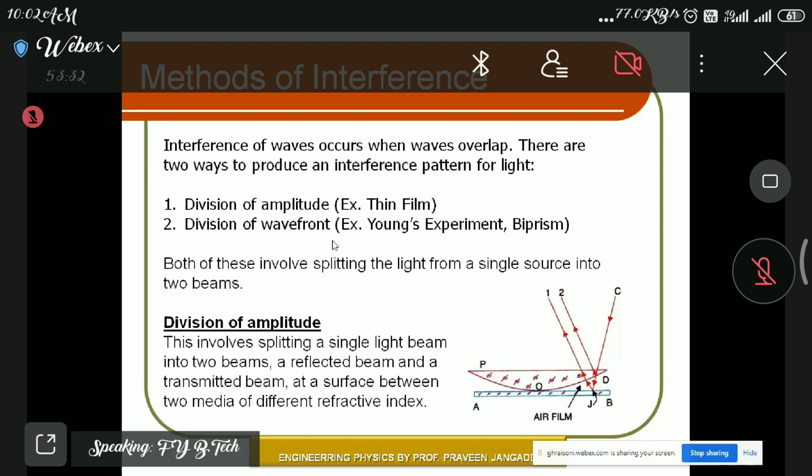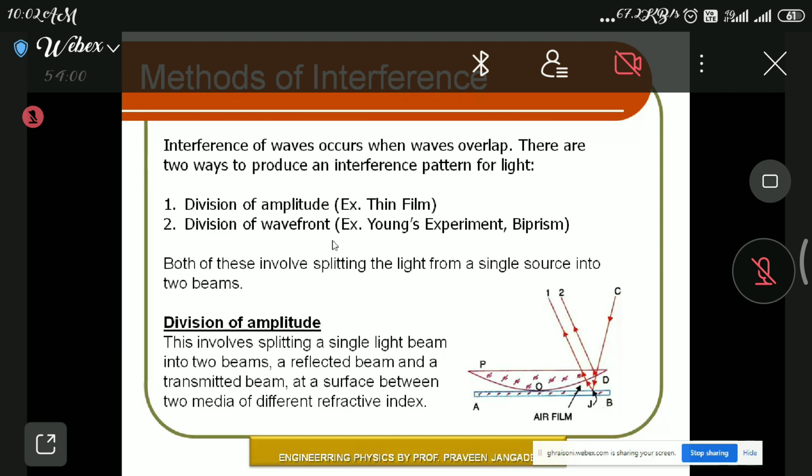whose thickness is of the order of one wavelength of visible light. Now you know the wavelength of visible light is 400 to 700 nanometer. If you take the average of these two, it comes out to be 550 nanometer, which corresponds to the green color.